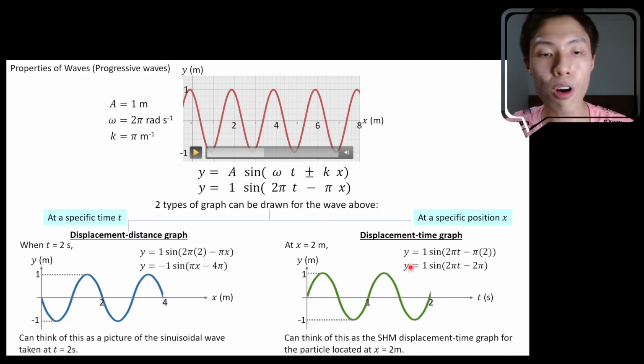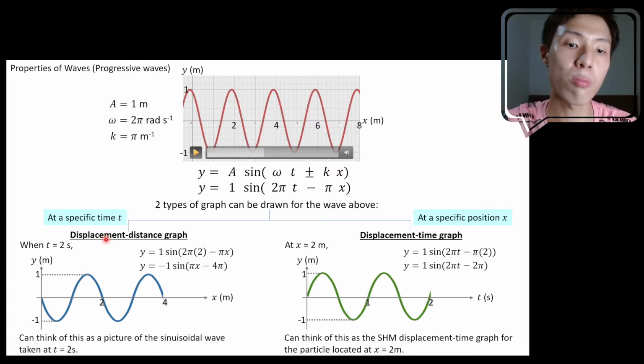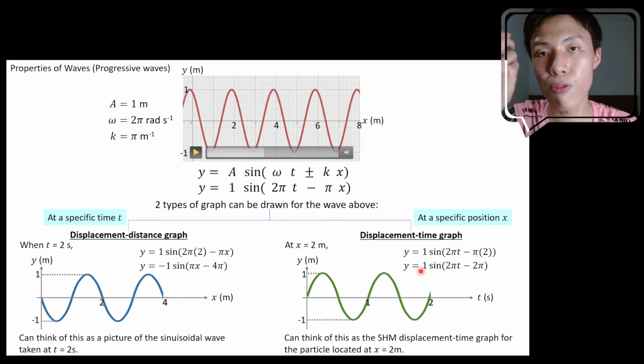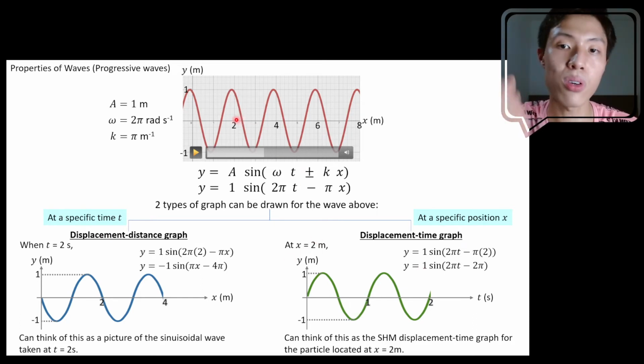So both of these graphs don't completely describe the actual progressive wave. They each come with a little bit of limitation. For the displacement distance graph, you are forced to limit yourself to one particular moment. For the displacement time graph, you are forced to specify which particle you are studying.